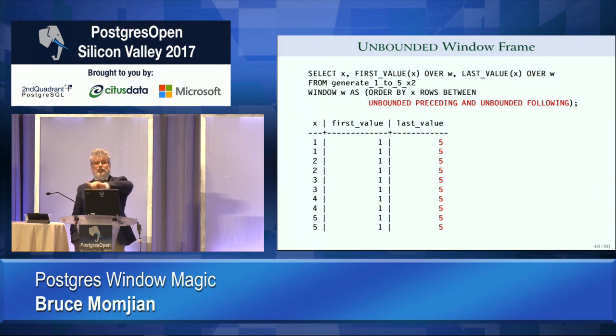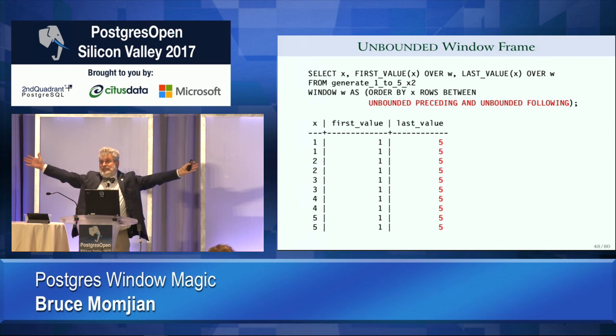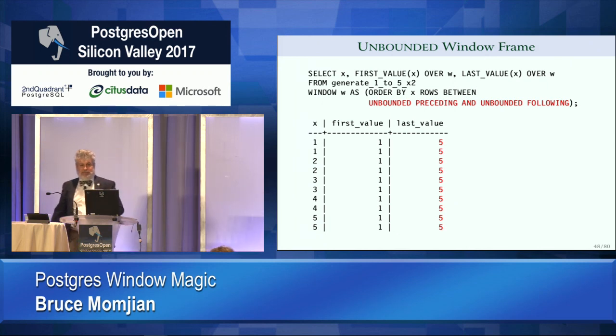It doesn't matter whether I'm in range mode or rows mode. Probably the order by doesn't even matter. I'm basically saying give me the last value in my frame, and I define my frame as being the entire data set, the entire partition, effectively.